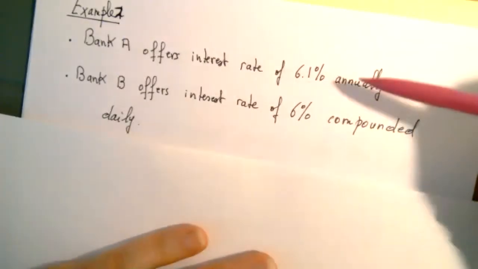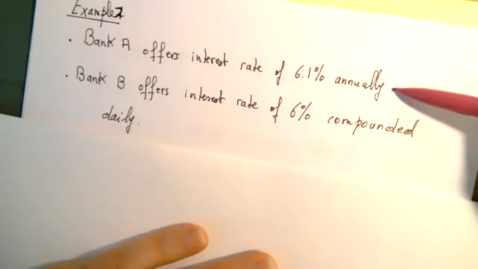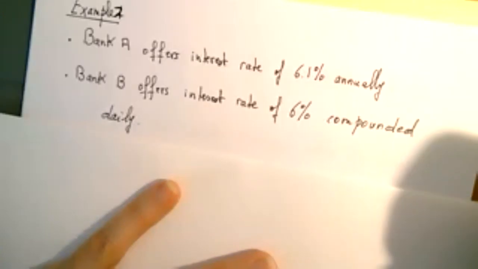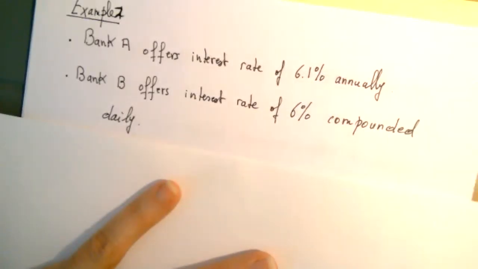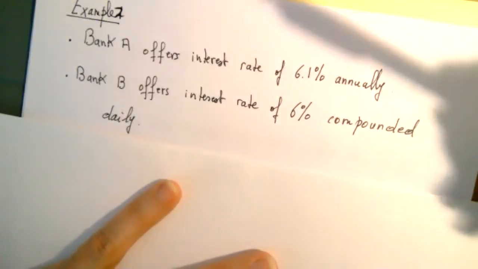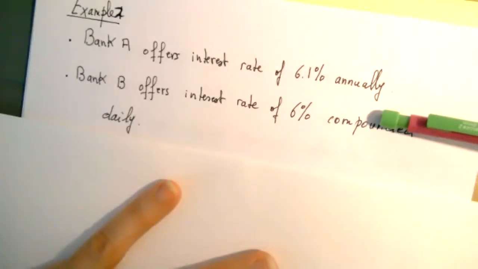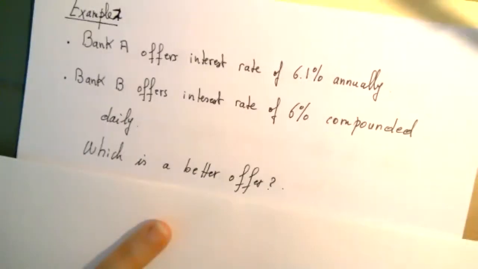So the first bank is giving you more interest, but it's compounded once a year. The second is giving you less interest, but it's compounded every day. To compare those two banks is very hard just by looking at them. How are you going to compare them? This is more interest once a year, less interest every day. So how would I compare which bank is better?